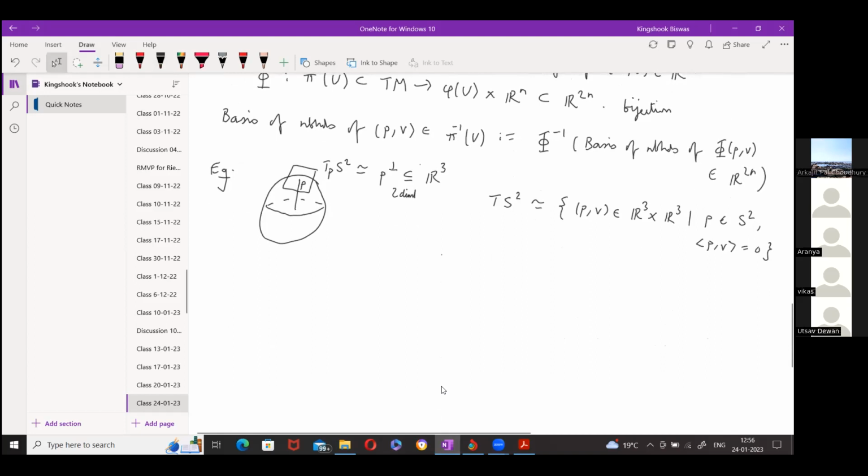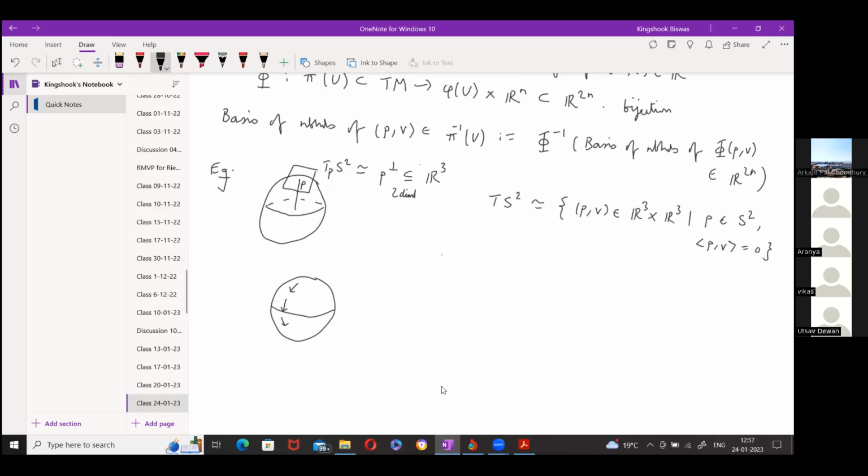Okay. So next we want to talk about what are vector fields on manifolds. These will be very important for us throughout. A vector field means that at each point of your manifold, you will be choosing a tangent vector, which varies in a smooth way.